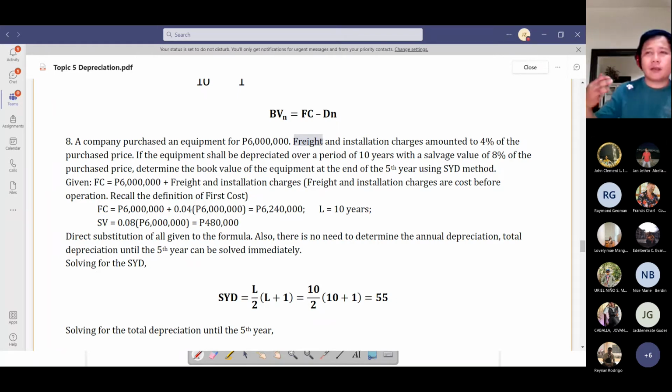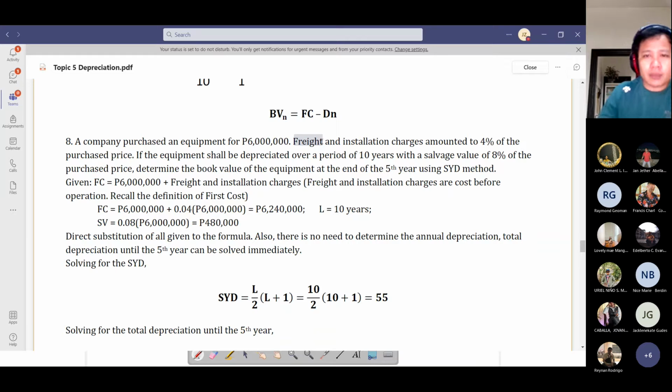Freight means during delivery, the payment for the transfer of your equipment. For example, you load it on a ship, that is a fee for loading it on the ship, and then you pay again to load it on a truck. Those are freight charges. Now, with that, you know that freight charges are not during operation, they are before your operation. So therefore it is part of the first cost.